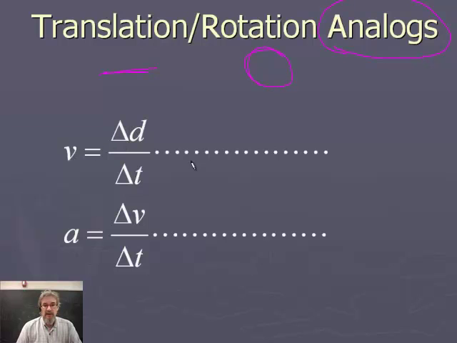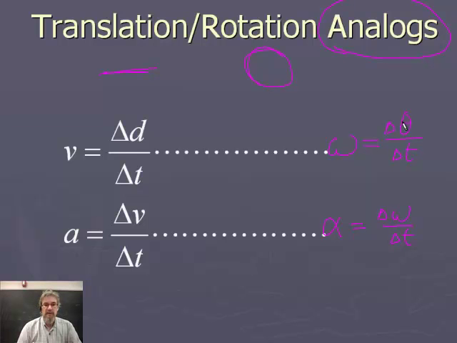But we have angular velocity as well, and the analog for distance in angular motion is theta, or angular displacement. So that's an analog. Another analog is that in rotation, alpha is equal to delta omega with respect to time. So omega is an analog for velocity. Theta is an analog for distance.